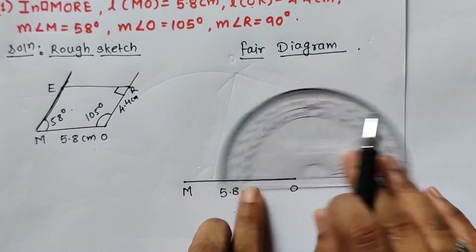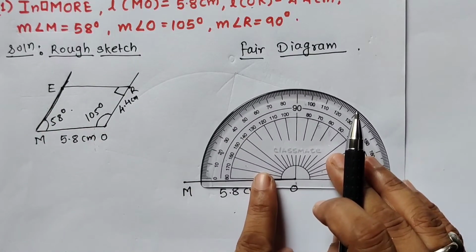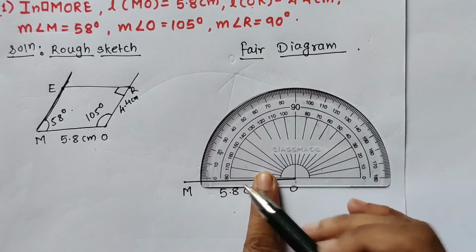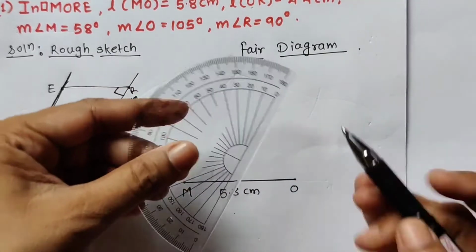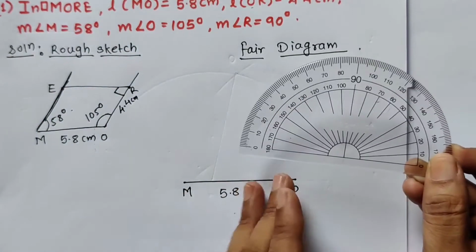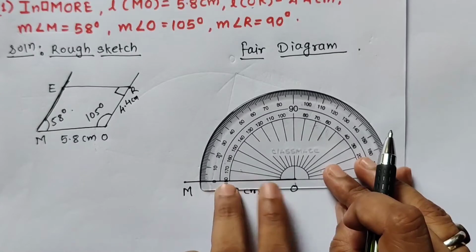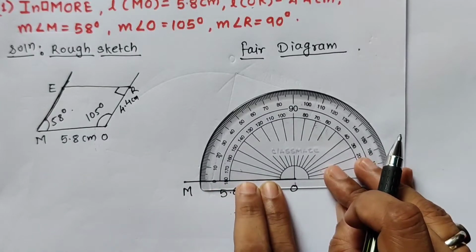Place it on O. Now see our segment is on the left hand side, so we have to start from the 0 of left hand side. Okay, we should not start from the 0 of right hand side. This 0 we should not start with. We have to start with this 0 because our segment is on the left hand side. So place it properly on point O.